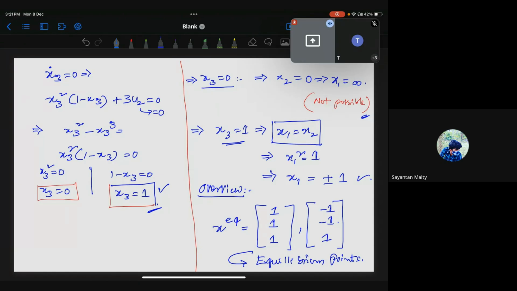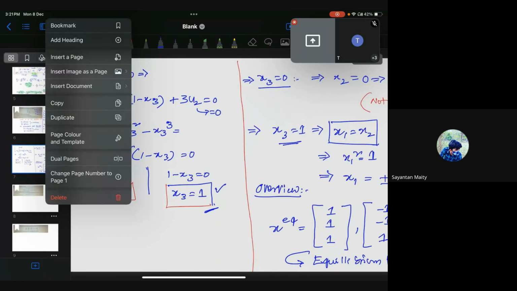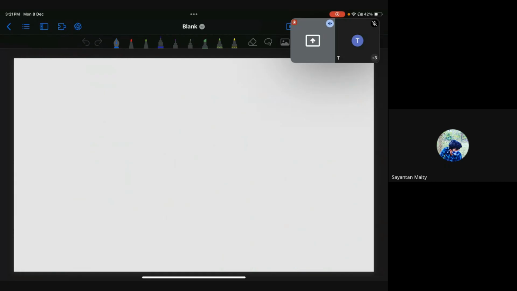Now we are going to linearize the system with respect to these two points. First, we have to find the A, B, C, D matrices with respect to those two points. First is the A matrix.